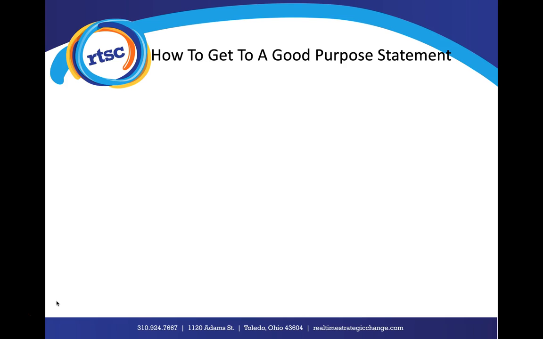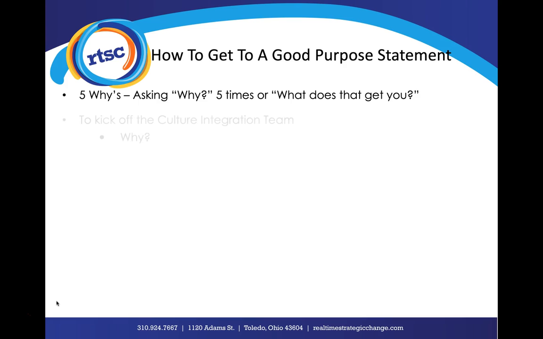So remember, we talked about how to get to a good purpose statement is to use this 5 why process. And you can ask why or what does that get you, and then come up with what your next answer is. So for example, this culture integration team that I've told you about, these 2 organizations coming together, why do we need to kick off the culture integration team?